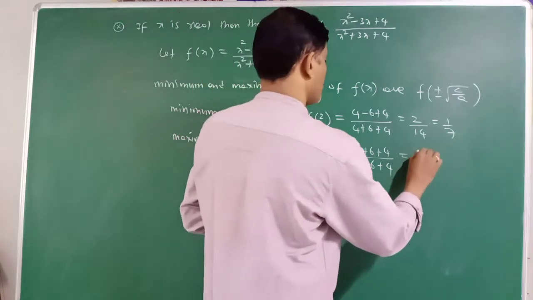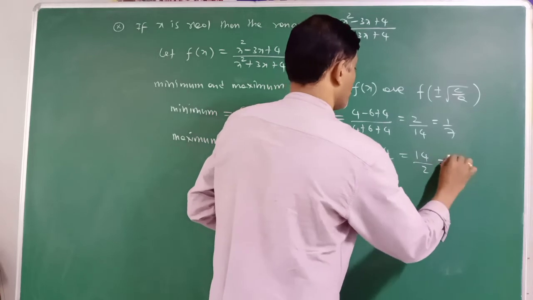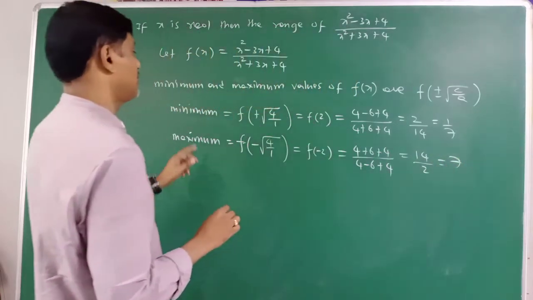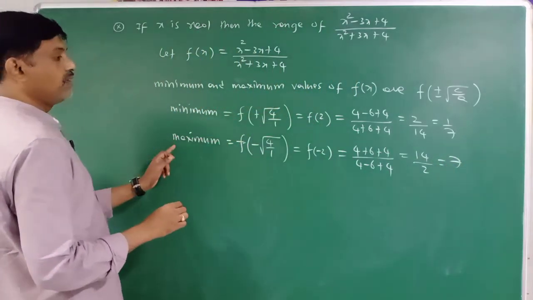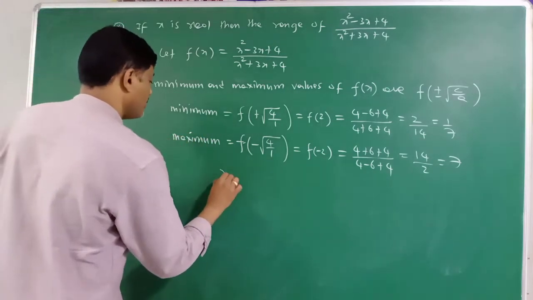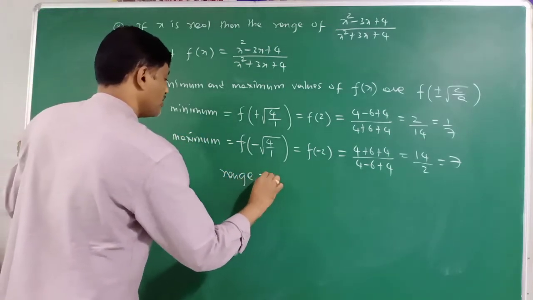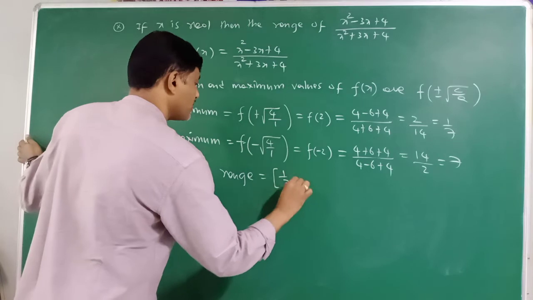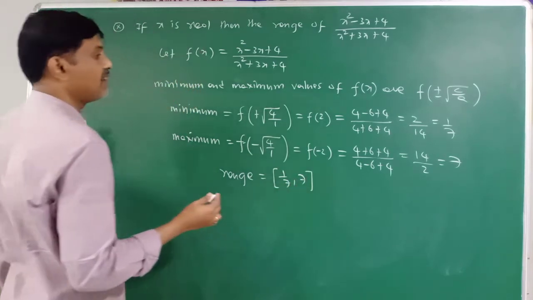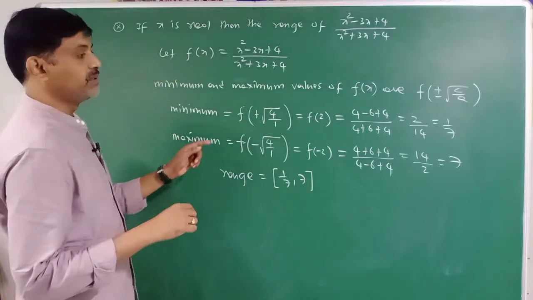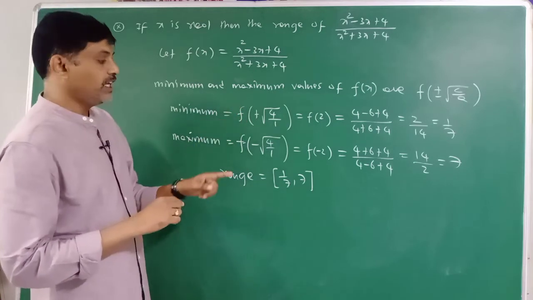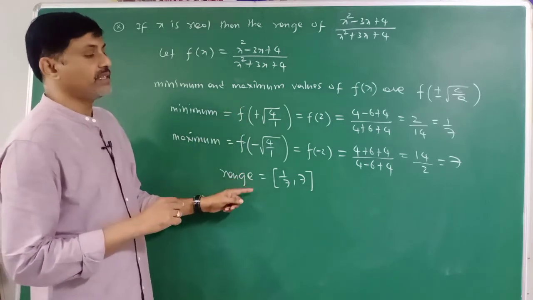This is equal to 14/2, and this value is 7. Minimum we got 1/7, maximum we got 7. Therefore the range is [1/7, 7]. Sometimes they will ask only the maximum or minimum. Minimum is 1/7, maximum is 7.